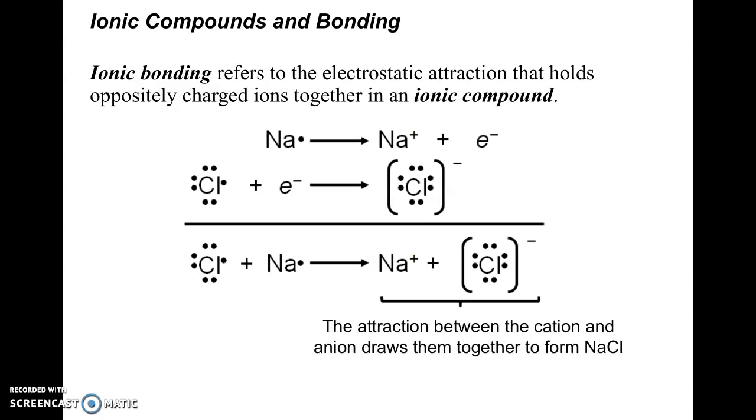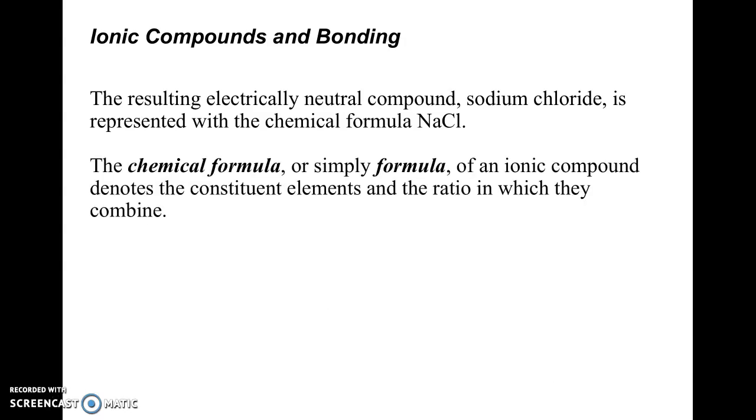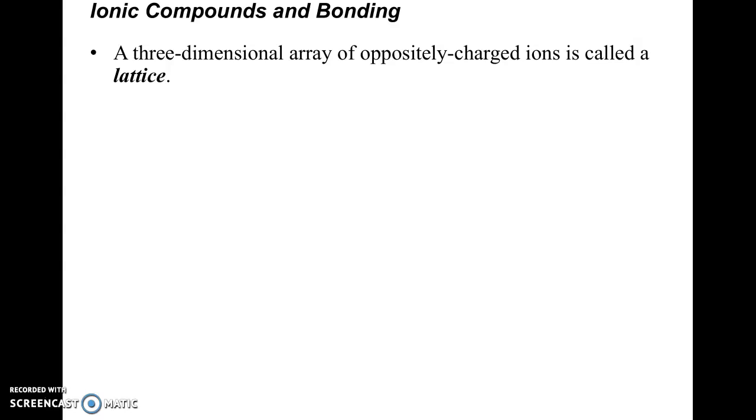And so the sodium ion and the chloride ion, that cation and the anion, are attracted to each other, and it's that electrostatic attraction that holds them together. So in a way, it's a neutral compound, but it's not necessarily a molecule in the sense of a water molecule. But the formula is still 1 sodium to 1 chloride, and so it can be called a chemical compound because it describes the ratio of the sodium to the chloride.